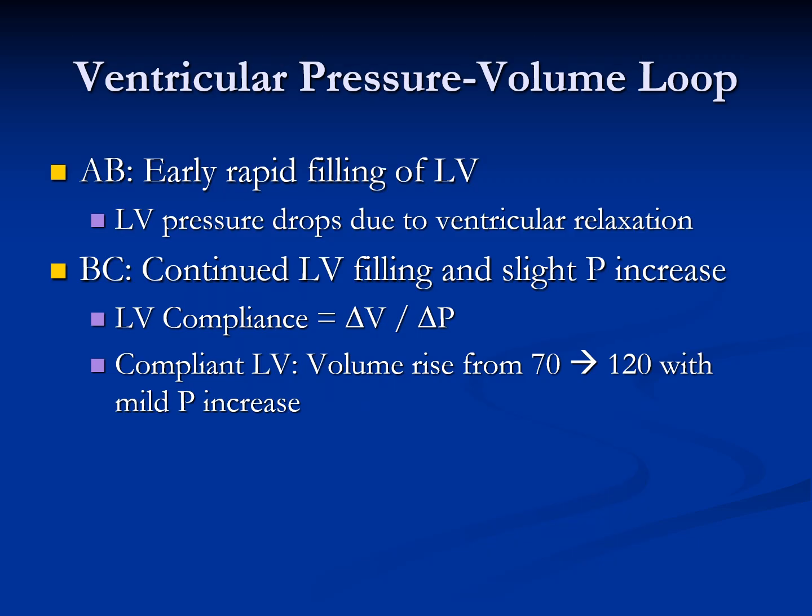Now, if we go back to the bottom part of this pressure volume loop, which was the point from A to B and then from B to C, this is when the left ventricle is filling with blood. This is diastole, and exactly like the previous lecture, from A to B, this part corresponds to the early rapid filling of the left ventricle.